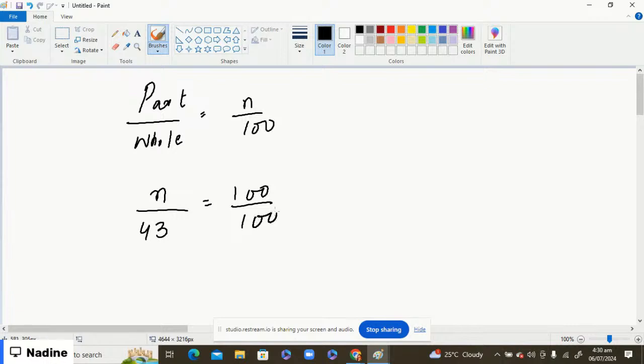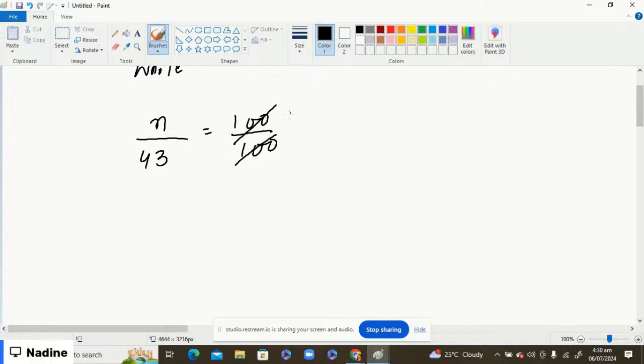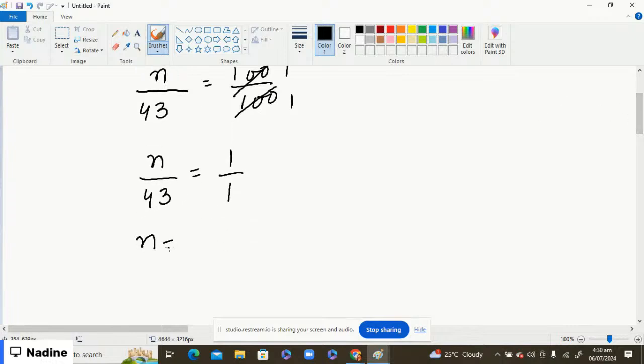Let's multiply and check the answer. This and this cancel out, so the answer is 1 over 1. So n over 43 equals 1 over 1. Cross multiply: n times 1 is n, and 43 times 1 is 43. So this is the value of n.